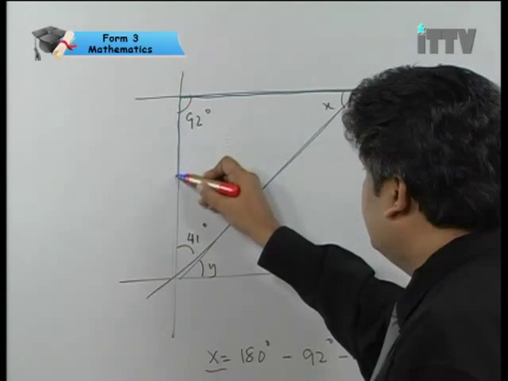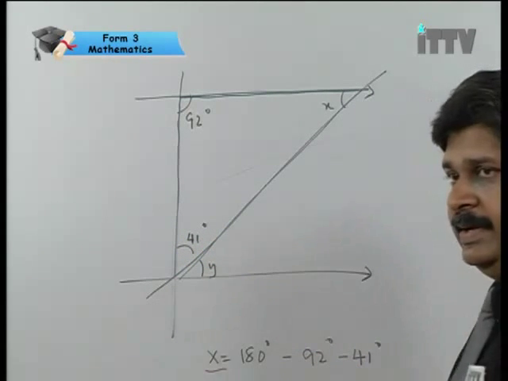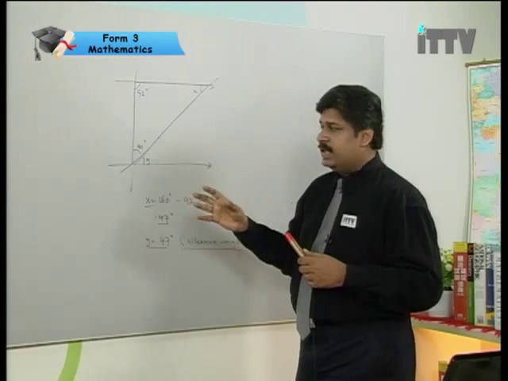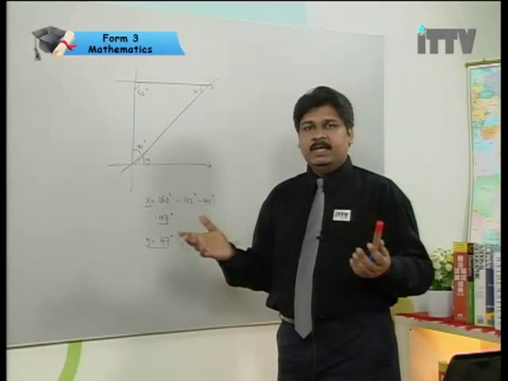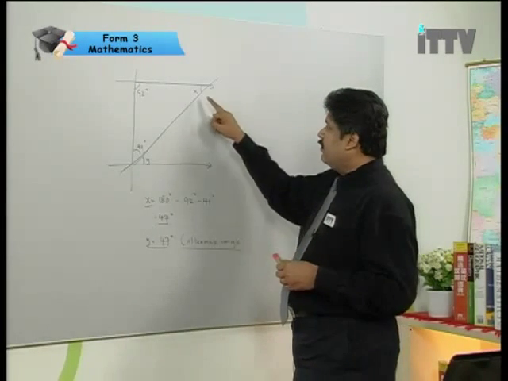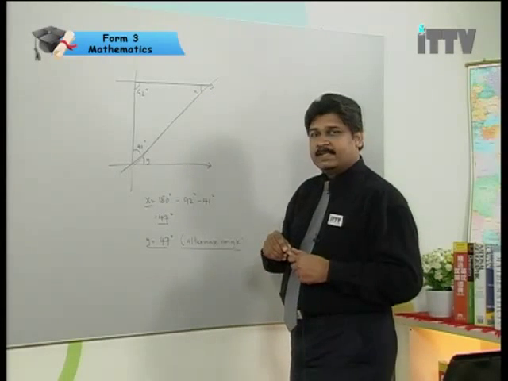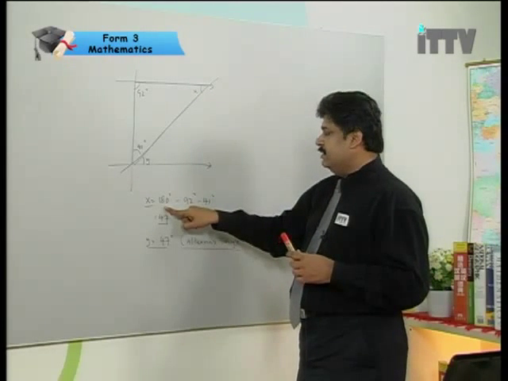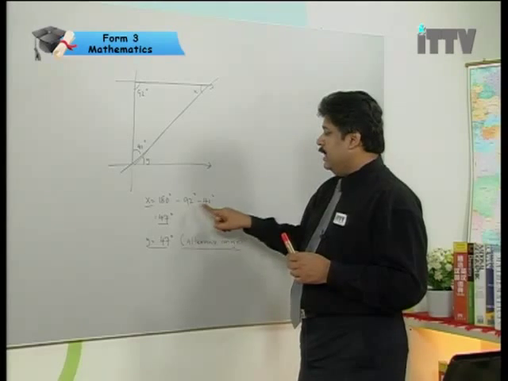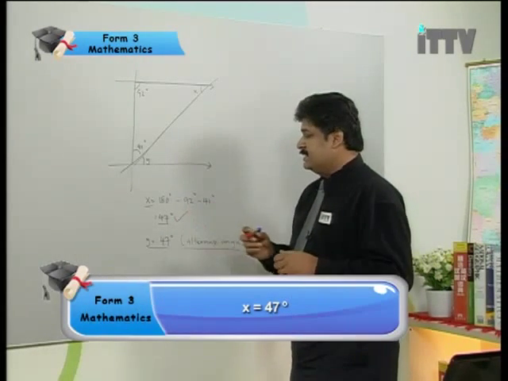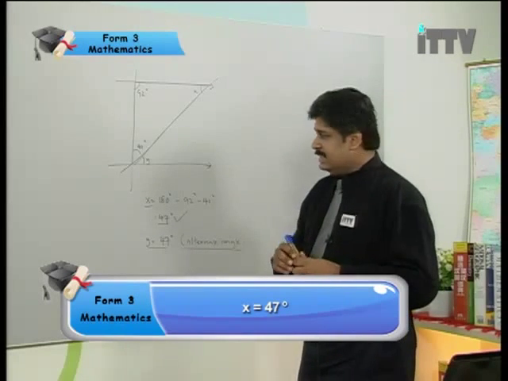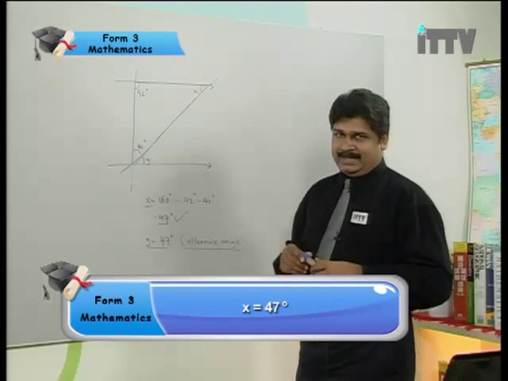Can you see that? There is a triangle. So once you have discovered that this is a triangle, the next step to the solution of x would be simpler. Therefore, in order for me to find the value of x, I take 180 degrees minus 92 and minus 41. I should obtain 47 degrees. This is how we solve for x.